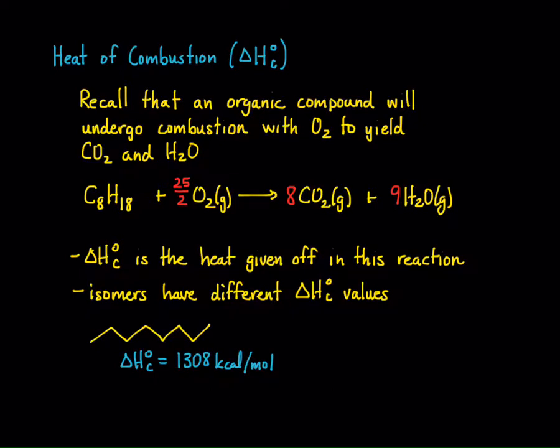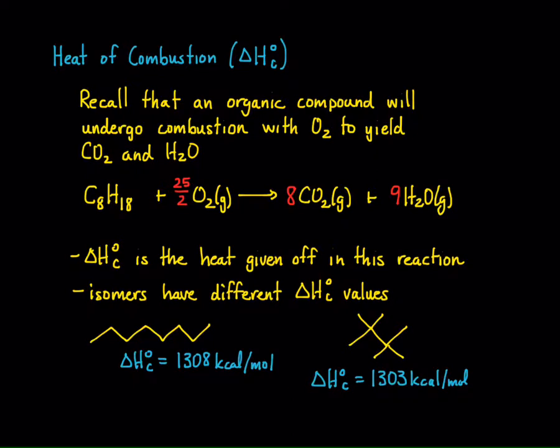Now, when I go to 2,2,3,3-tetramethylbutane, I see that the delta H value is 1303 kilocalories per mole. What does this mean? It means that it's giving off less energy, and therefore it is more stable.